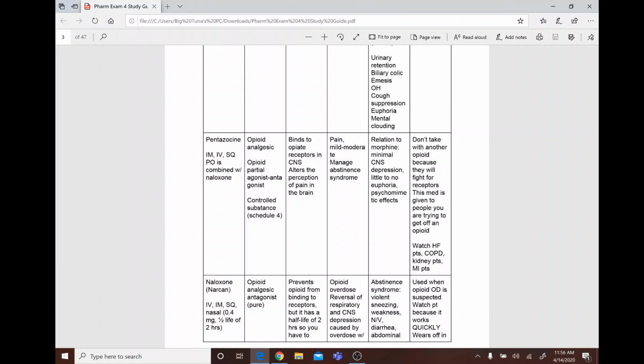What are the side and adverse effects of pentazocine? So in relation to morphine, it's got minimal CNS depression, little to no euphoria, and psychomimetic effects. What do we need to know about when someone takes pentazocine?